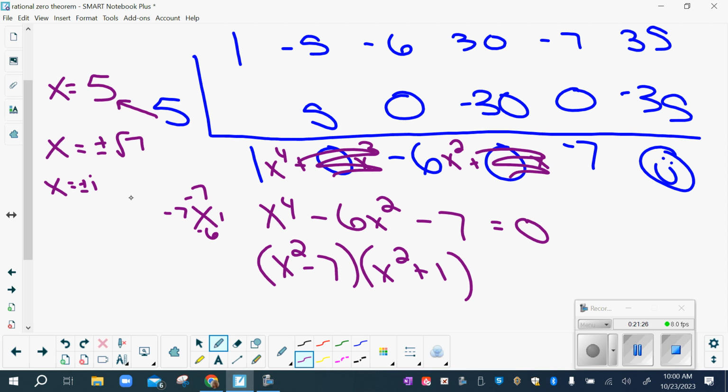So we want to watch for i root 4. What's the square root of 4? 2. We want to watch for plus minus i root 9, because what's the square root of 9? 3. We want to watch for those, right? Let's count them. 1, 2, 3, 4, 5. That's it.